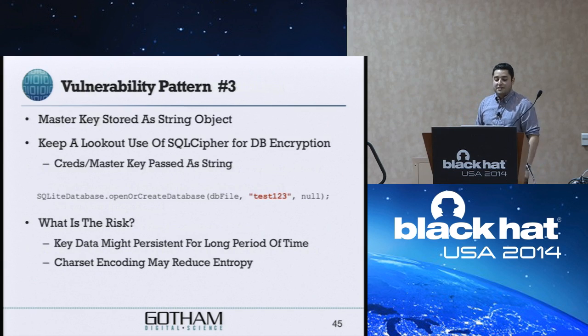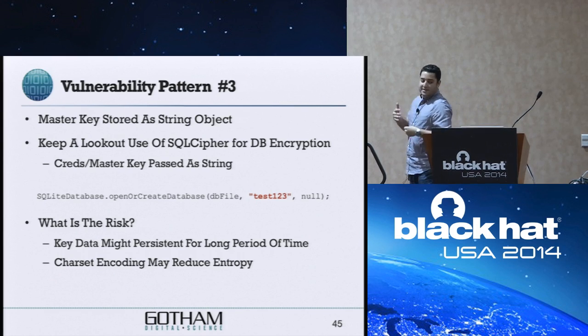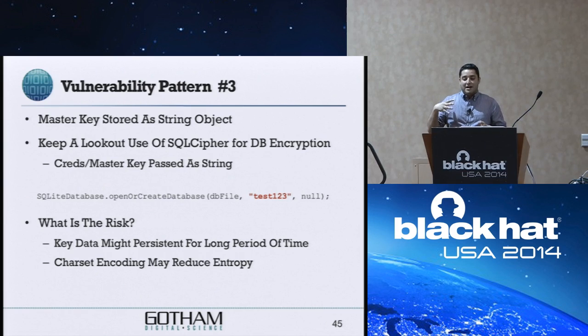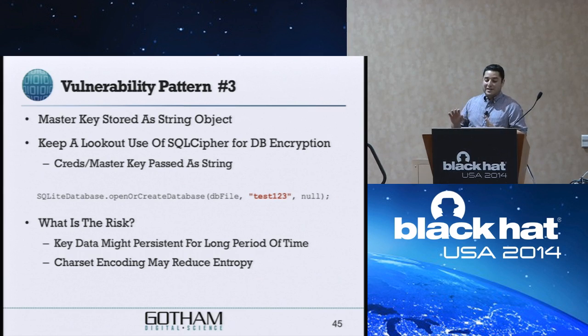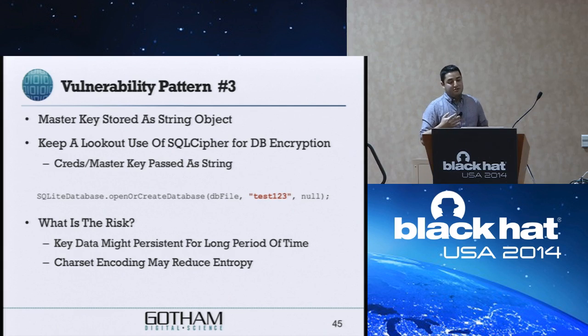What I will talk about is one interesting kind of bug that we've found in the solutions, but that I really haven't seen other people talk about, so I guess I'll talk about it. So let's think of this scenario. You have this master key. I'm telling you, don't store it as a string object. But you're commonly going to see this, because I've seen solutions that leverage SQLCipher to do some of their SQLite encryption.